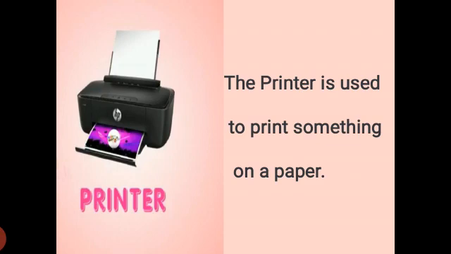A printer prints out information from the computer on paper. Whatever printed copy you have seen on paper is called a hard copy. There are different types of printers which print either in black and white or in colors.